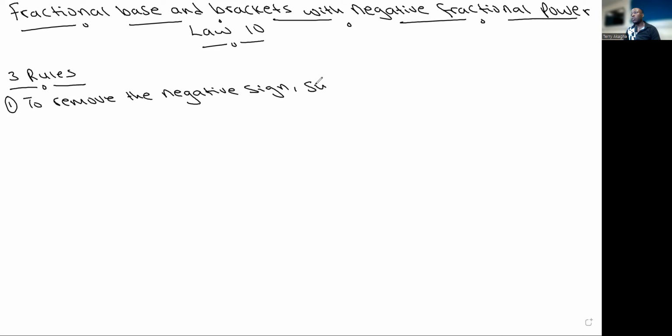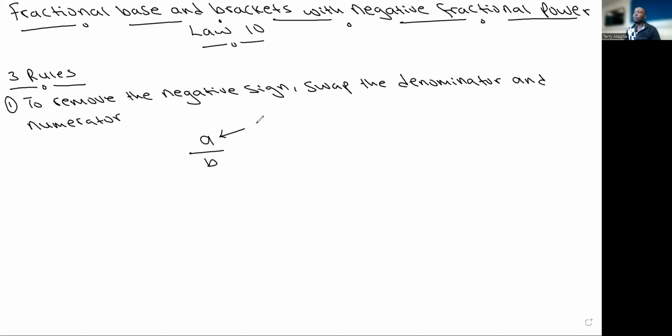Like I said during the advanced algebra, if you have a fraction, a over b, the top of the fraction is called the numerator, and the bottom of the fraction is called the denominator.